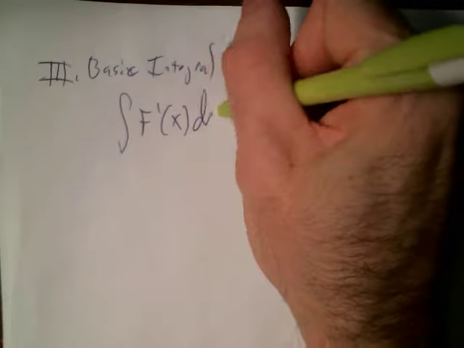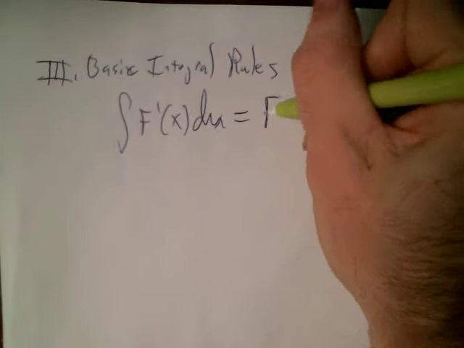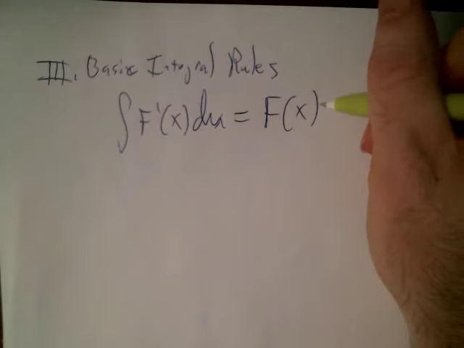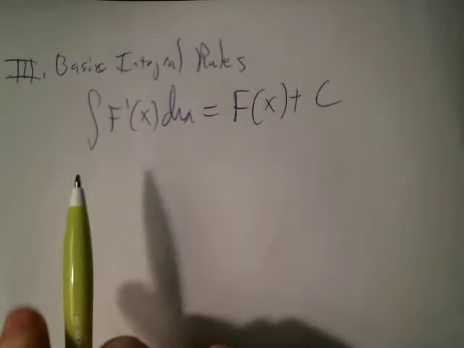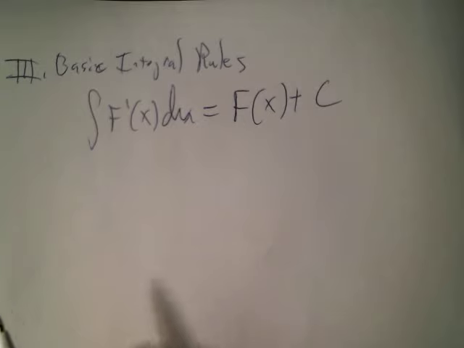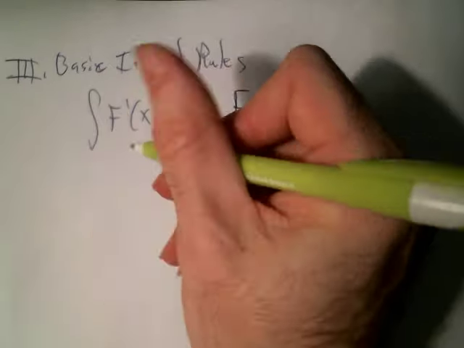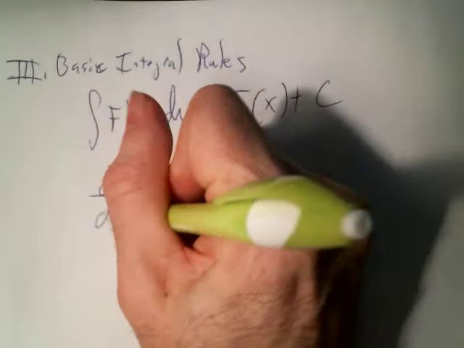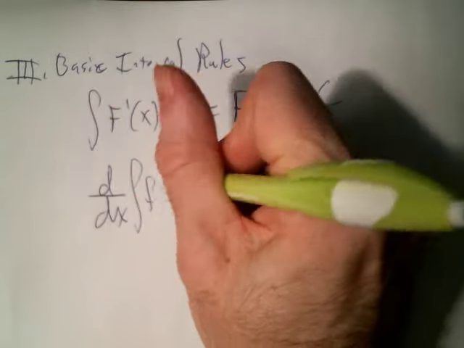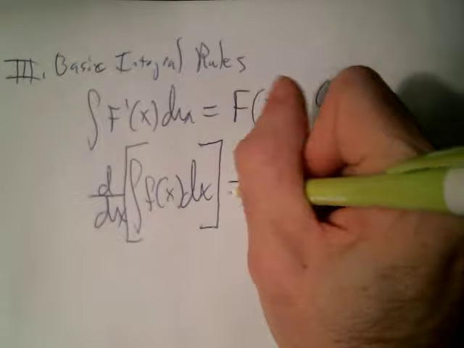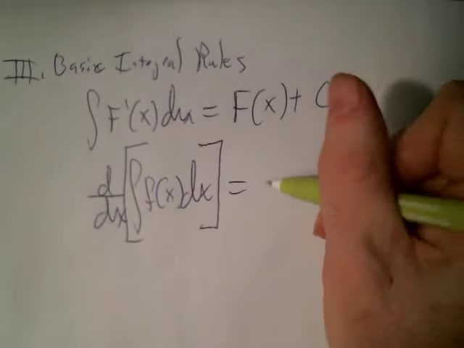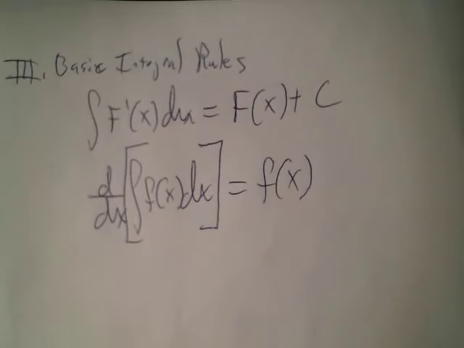If you take the integral of a derivative of an antiderivative, you just get back the original antiderivative, okay, plus a constant. So the integral and the derivatives kind of cancel each other out in a weird sort of way. Also then, if you take the derivative of the integral of a function, you're going to get back to where you started. Okay, so you'll get right back to f of x.